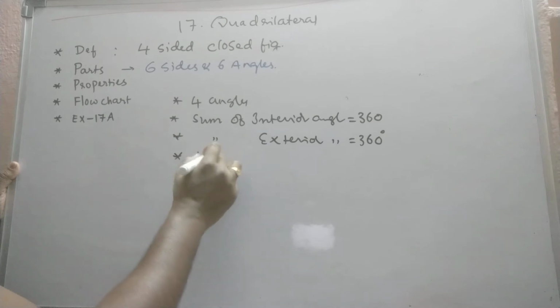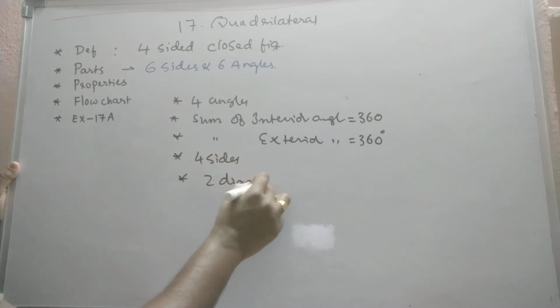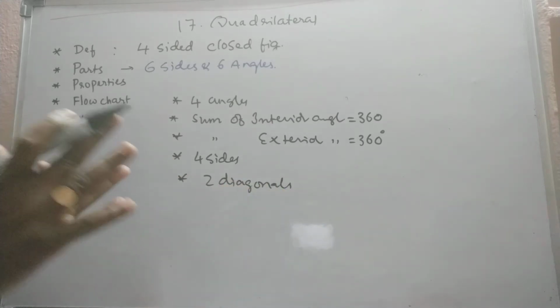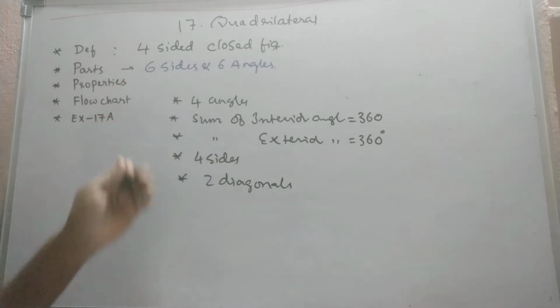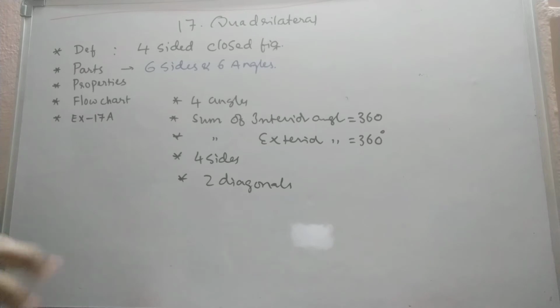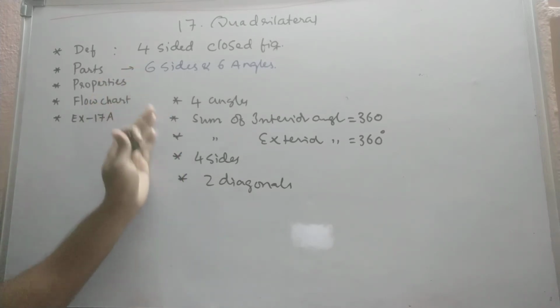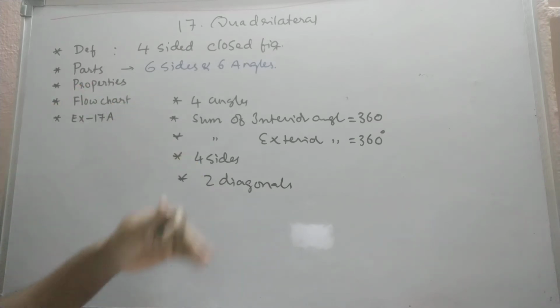It has four sides and two diagonals. That's all. Depending on each different type of quadrilateral, it will have different properties. Properties will be explained clearly and elaborated, so we will see that depending on each quadrilateral. A few properties will be added.